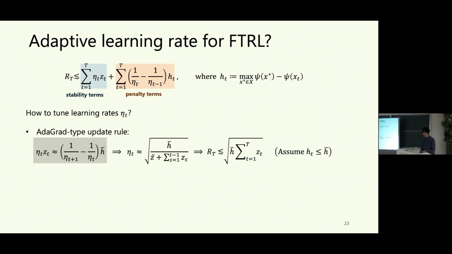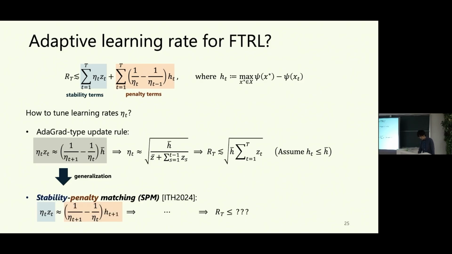So given this, one natural way to generalize this to make it adaptive to HT would be to replace H bar with HT. I think this is a quite natural approach.